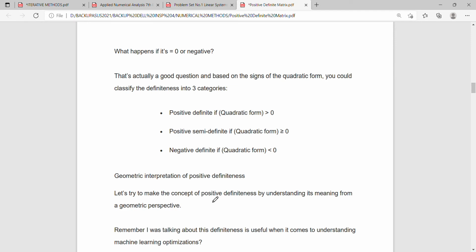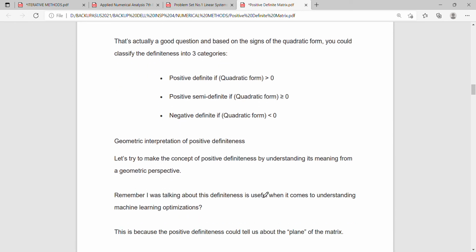Okay, so let's get the meaning of it. I like this analogy of Dr. Shaw on this. The geometric interpretation of positive definiteness can be thought of on the understanding of its meaning in a geometric perspective.